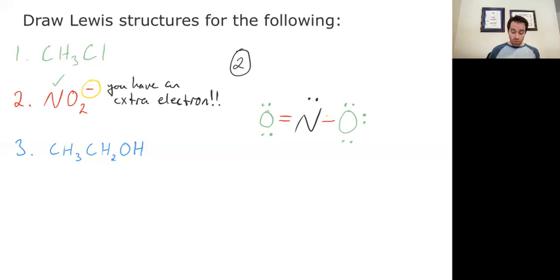So what you usually do when you write a Lewis structure for an ion is you put the whole thing in a big set of brackets, and then you write the charge on the outside. The reason you do this is so that it doesn't create the impression that that charge lives on just one of those atoms.